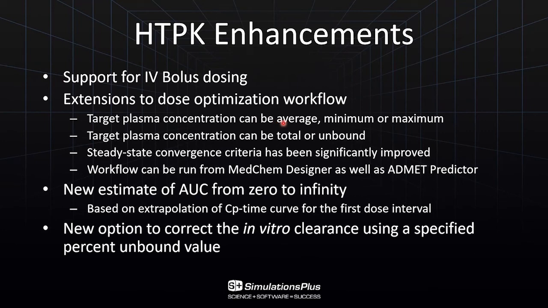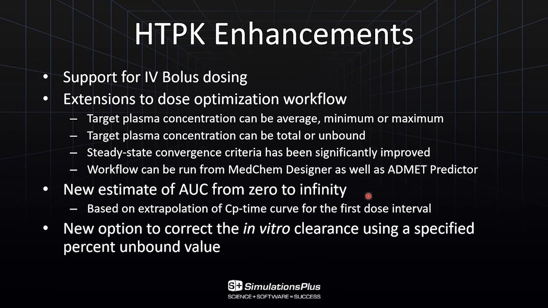Target plasma concentration can now be an average, a minimum, or maximum, and can be a total concentration, meaning bound plus unbound, or unbound only. We've significantly improved the algorithm for computing the number of doses required to reach steady state, and the workflow can now be run from our MedChem Designer sketch interface, as well as from ADMET Predictor itself.